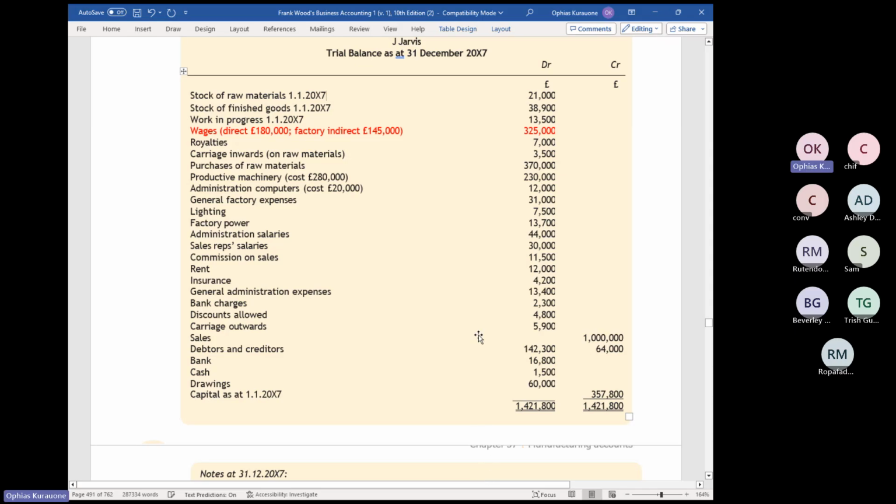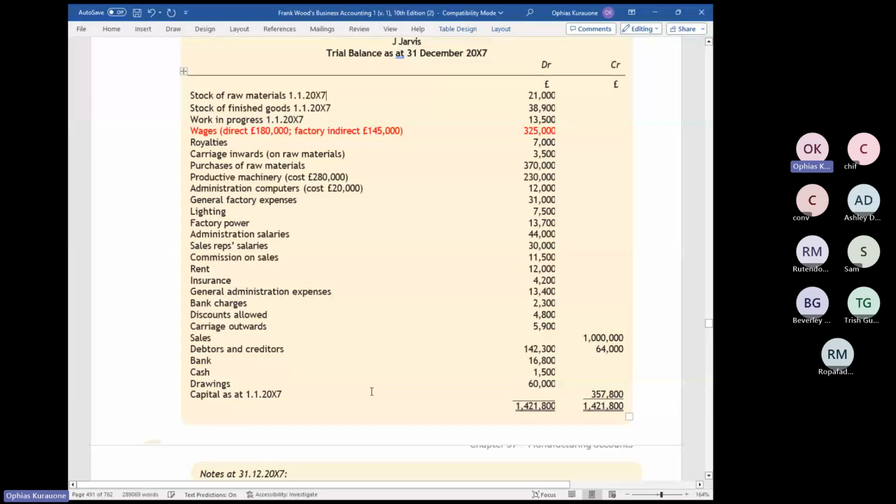Okay, so let's continue. It says stock of raw materials at 1/1/2007. Is it closing stock or opening stock? At the beginning of the year, it's opening stock. Stock of finished goods 1/1 is an opening. Work in progress is this one.